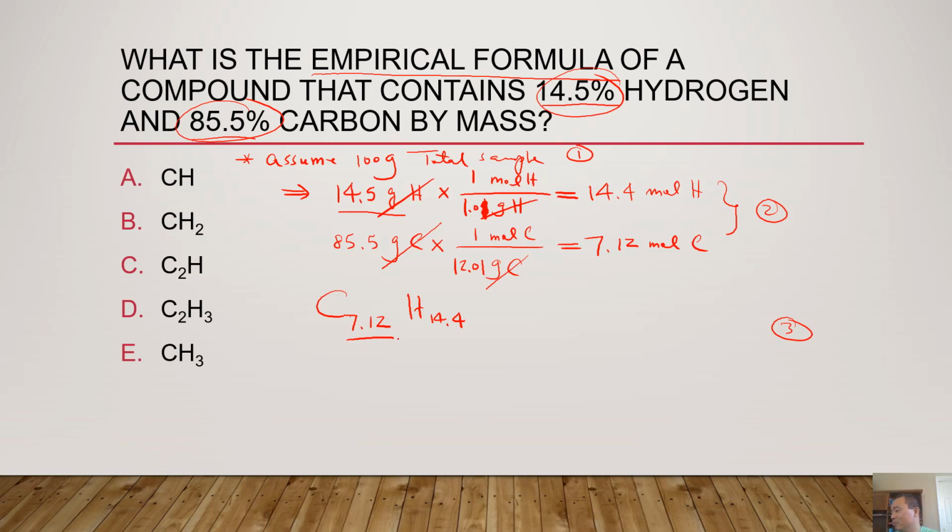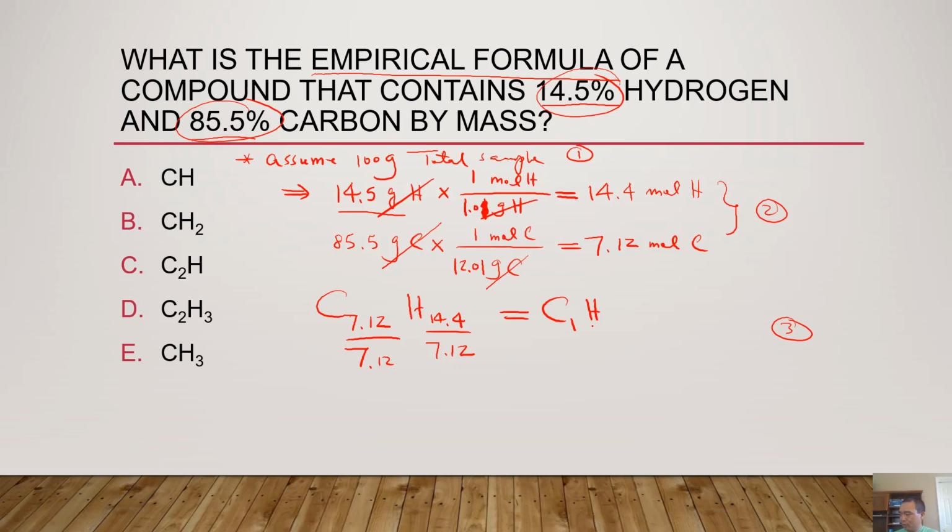You divide both by the smaller one, 7.12. This gives you C1H.